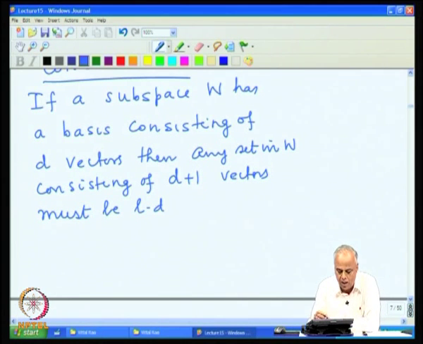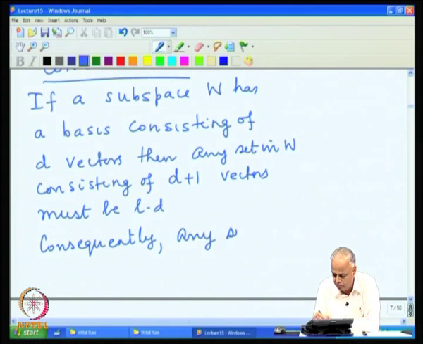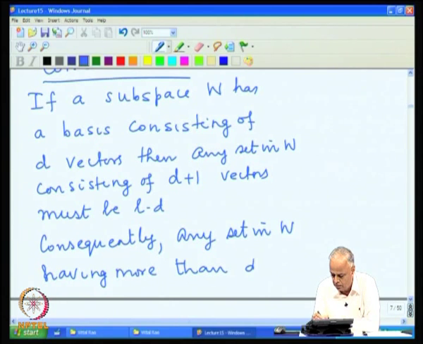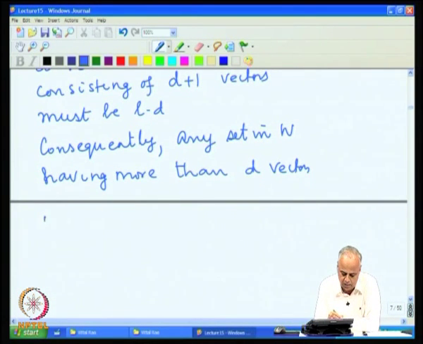In fact, consequently any set in W having more than d vectors must be linearly dependent.